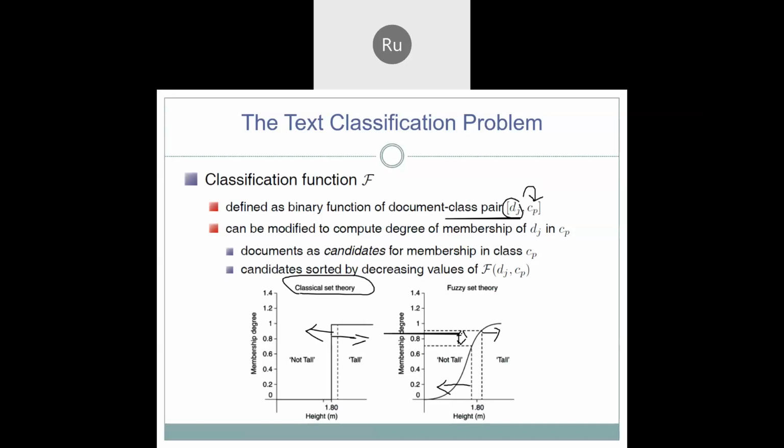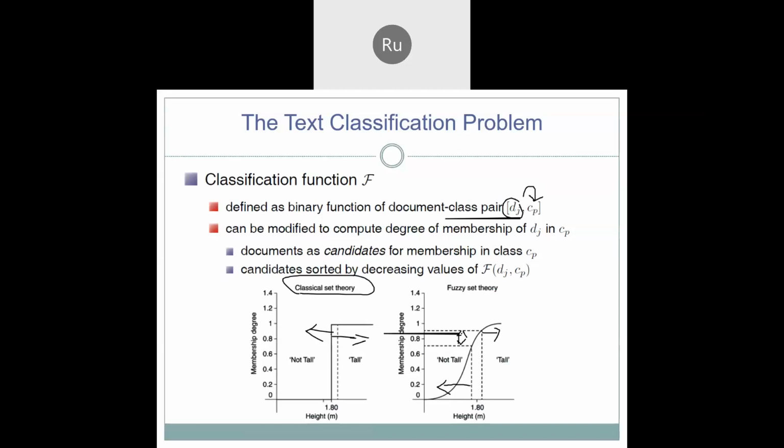So there are three options here: tall, not tall, or somehow tall, or somehow not tall. Three categories here. This is what we call fuzzy set theory, in which they use the membership degree to say that they could belong to tall or not tall.